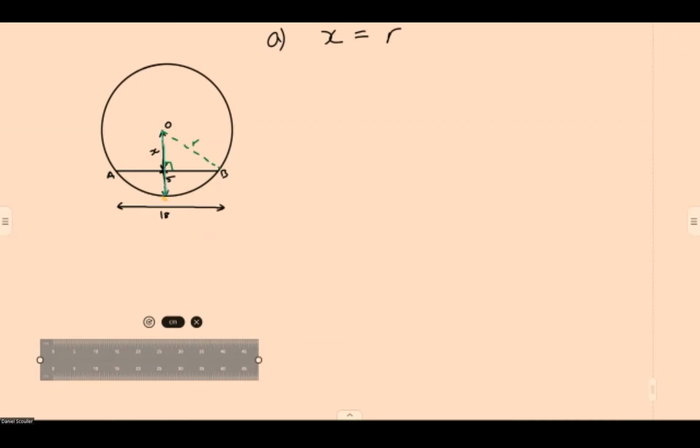That O to the bottom, we can call that another letter if we want, C. That O to C that I've drawn on there is X plus this 5. Or another way to look at it, if that full distance from O to C is the radius, if I take away 5 from that, then I'll be left with X.